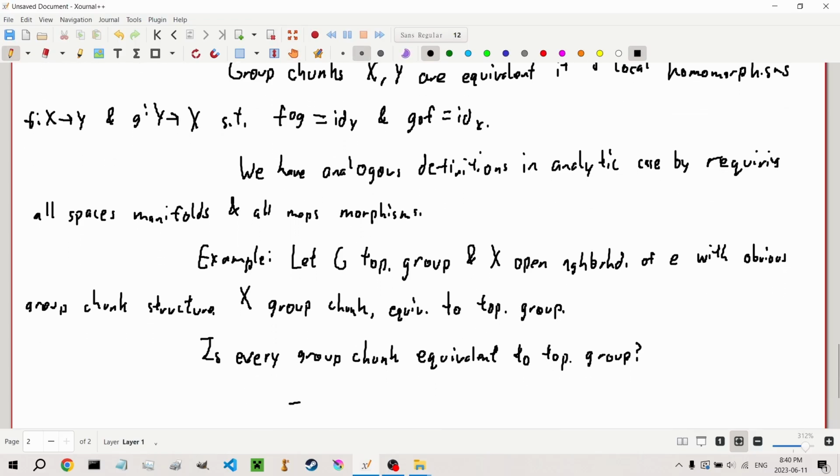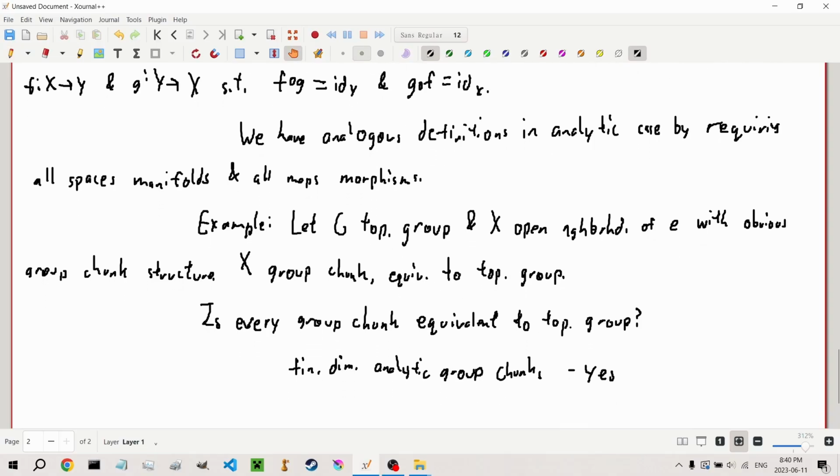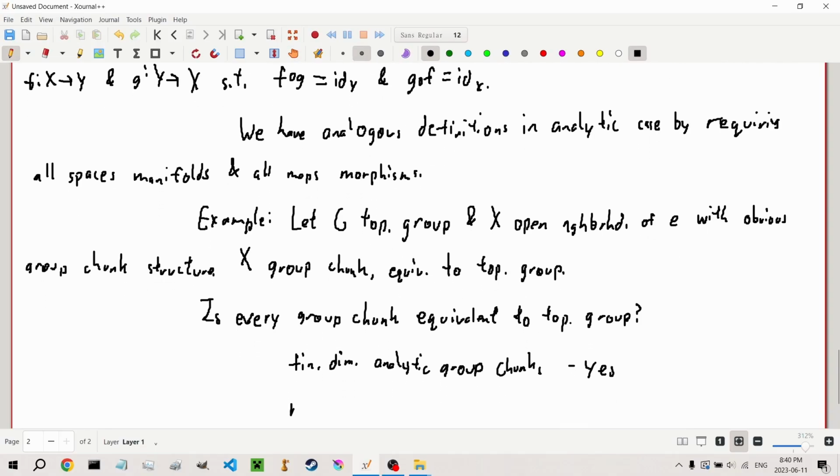For finite dimensional analytic group chunks, they are. For metrizable locally compact group chunks, they are.